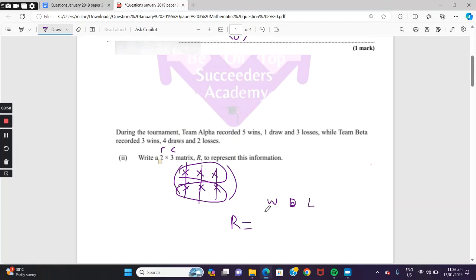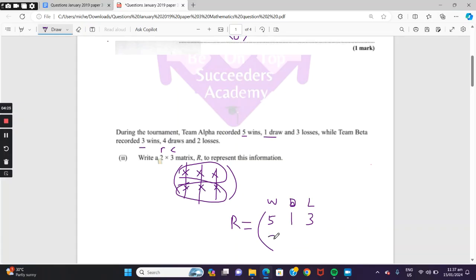For Team Alpha, write down everything for Team Alpha in the same row. Right? 5, 1, 3. 5 wins, 1 draw, 3 losses. Team Beta, everything across below here.